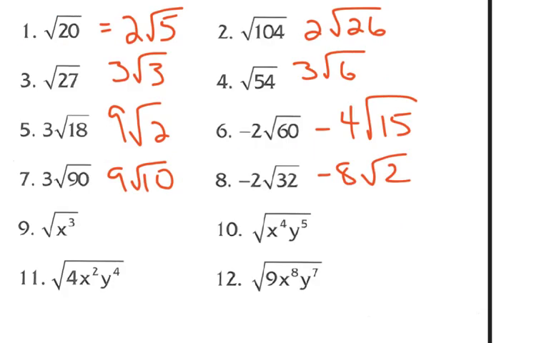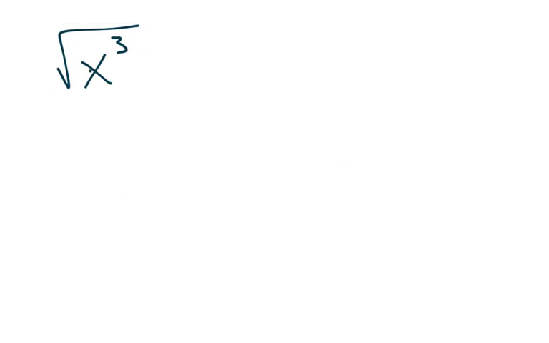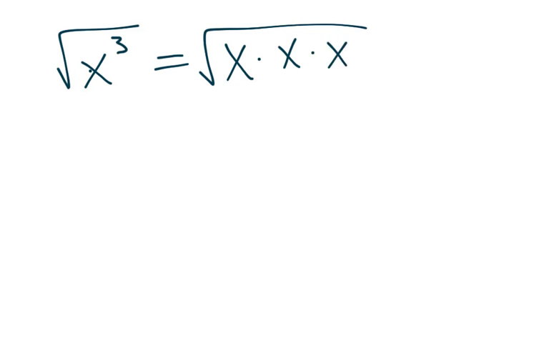Okay, 9 through 12 might look a little hard, but they're actually easier. The variables are easier than the numbers. So let's just do x cubed, the square root of x cubed. We don't even really have to break it down like the other numbers. X cubed means x times x times x. There's 3 x's being multiplied together. Same concept.